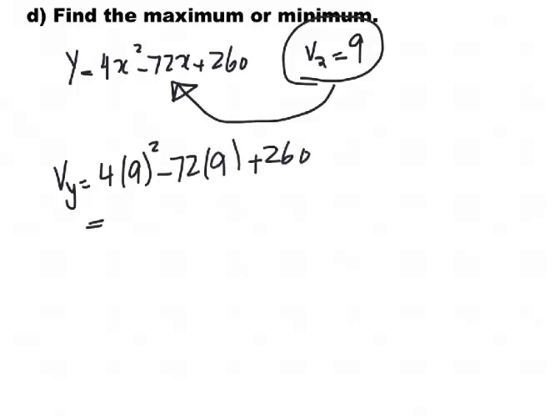If you use your calculator, this is going to be equal to negative 64. But in our case, since 4 is greater than 0, the parabola opens upward. So the minimum value of this function is negative 64.